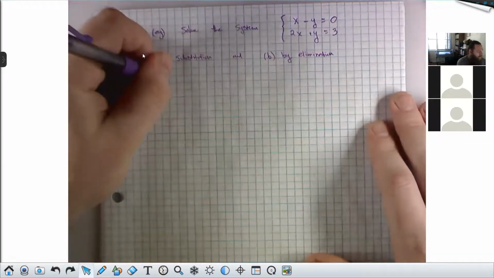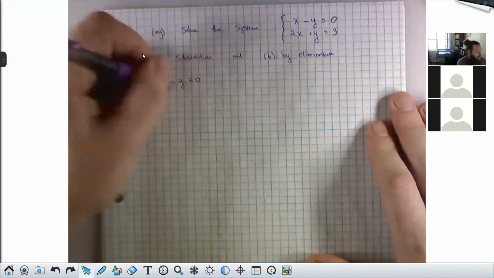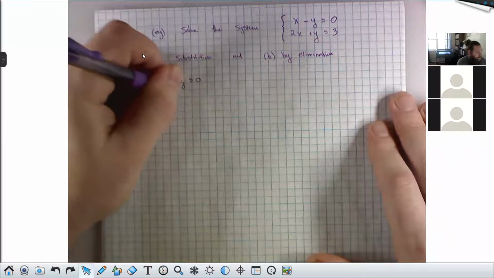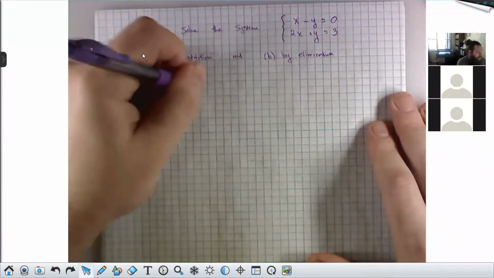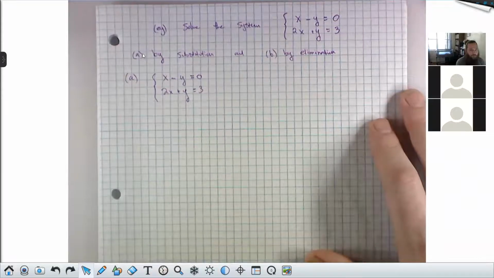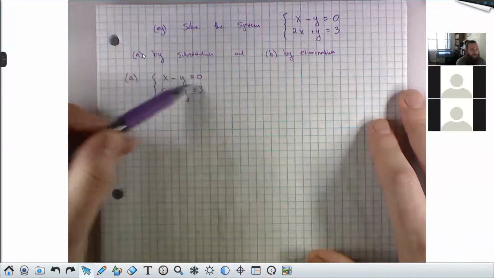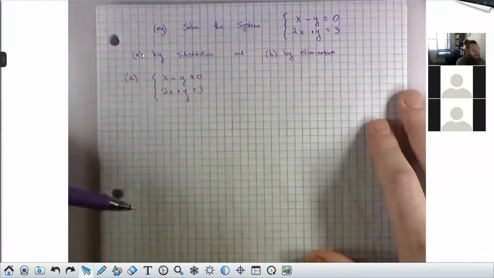So first I'm going to copy the system down. Of the two equations, I think the first equation here is the easier one to solve for one of the variables.